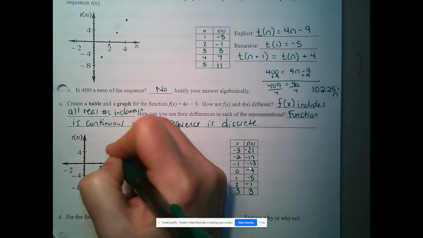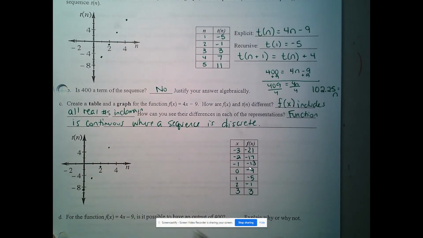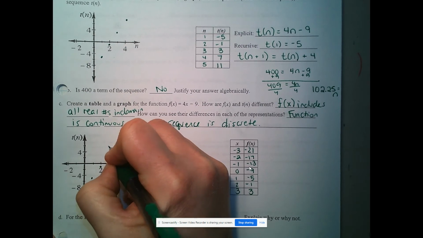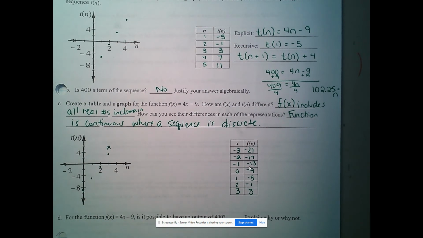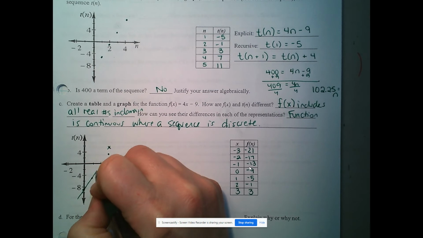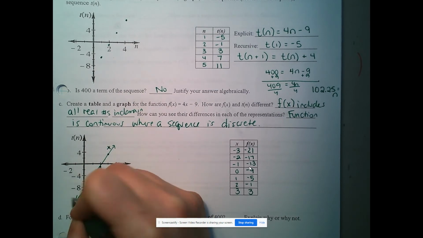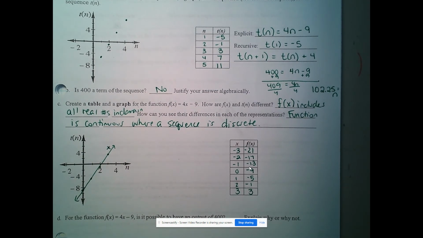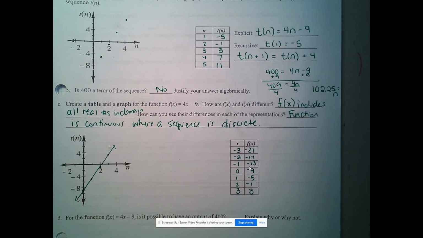This one I'm going to graph, and because it's a function, I'm going to connect the dots and draw a line to show that it's continuous. So major differences there: connecting the dots because it's continuous, going all the way back through the y-axis with a straight line.